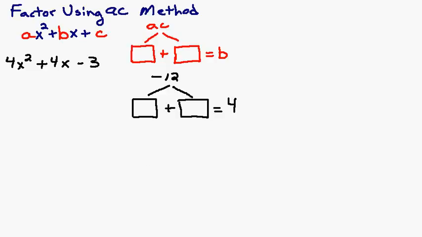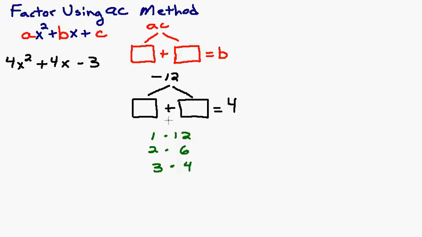So let's think about some things that multiply to be 12. We've got 1 times 12, 2 times 6, 3 times 4. And we need these to multiply to be a negative 12, so that means one of them is going to have to be positive and one of them negative.